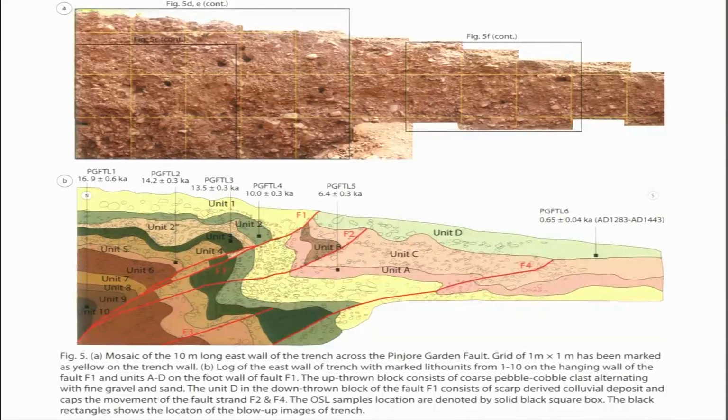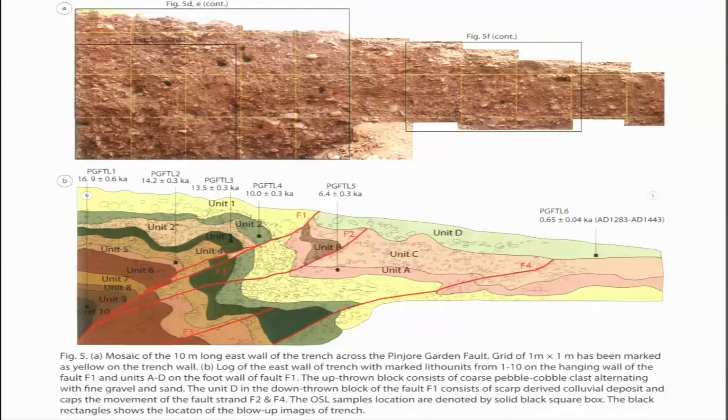This is from Pinjore, across the Pinjore Garden fault. So we identified, we say okay fine, because this is the topmost unit. There is no capping here because we were unable to find the capping on this, and the most recent event took place along this fault where the younger unit was also displaced.